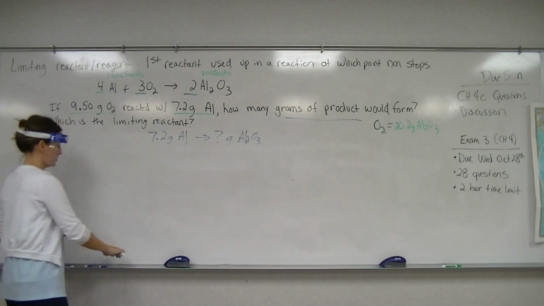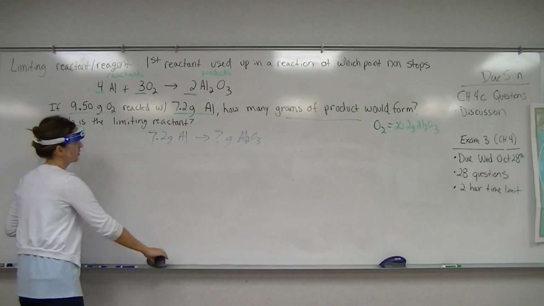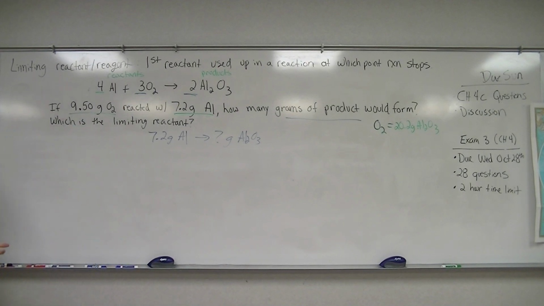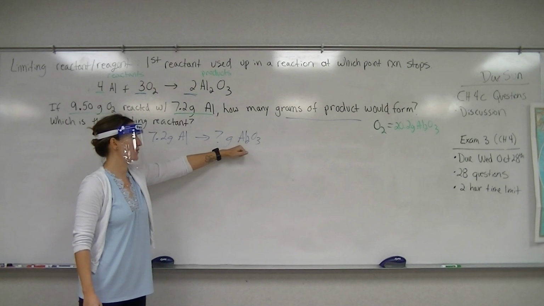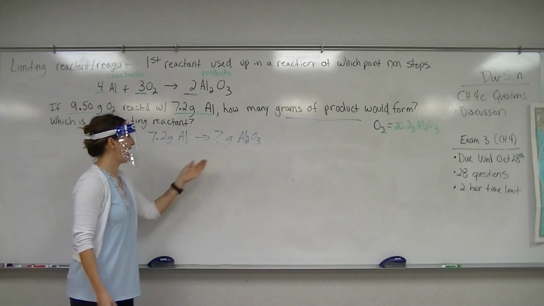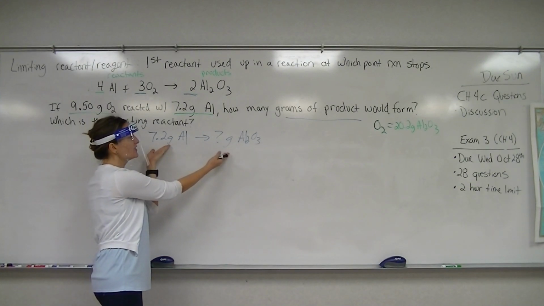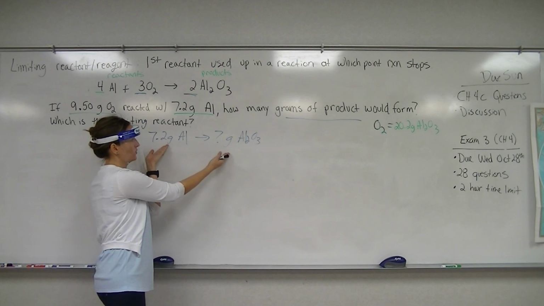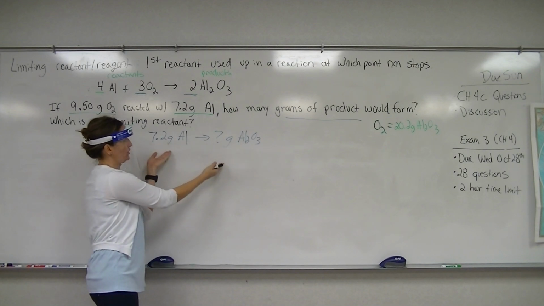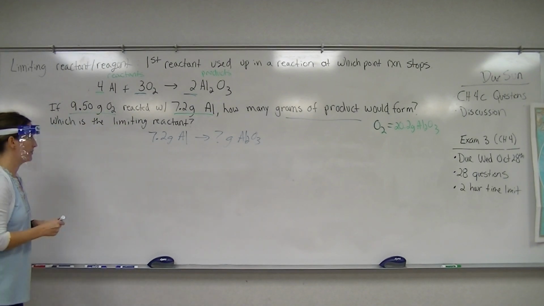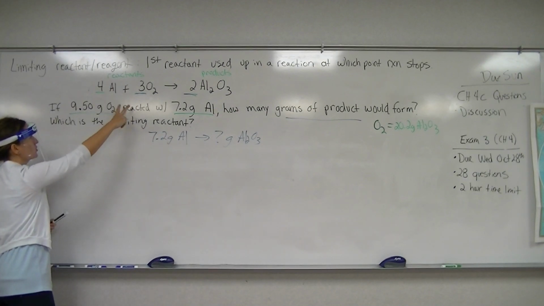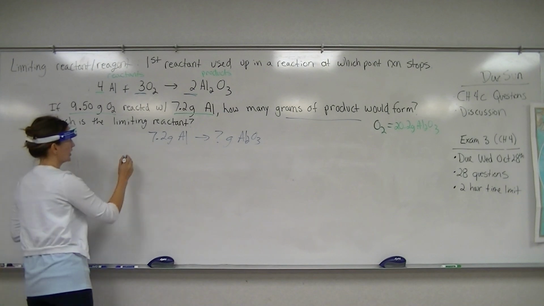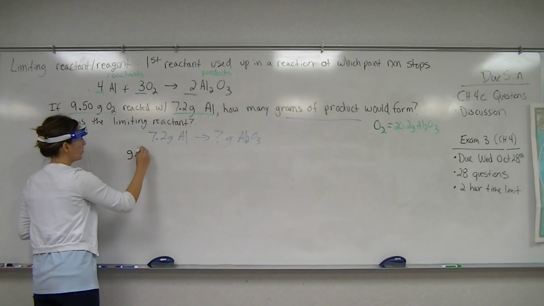Same steps. I'm in grams of aluminum. I need to get to grams of aluminum oxide. I can't compare grams of two different atoms or molecules. I need it in moles first. So that's the first step, to get my grams into moles so that I can compare them using that balanced chemical equation.